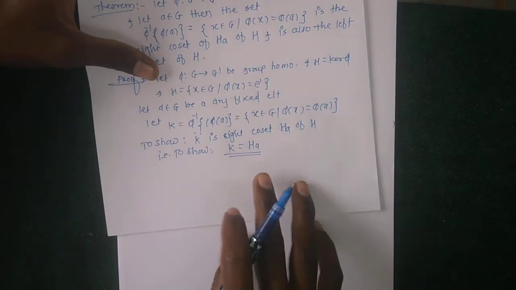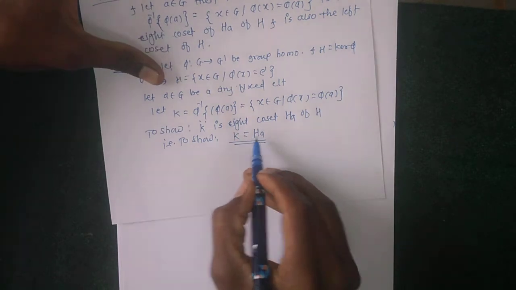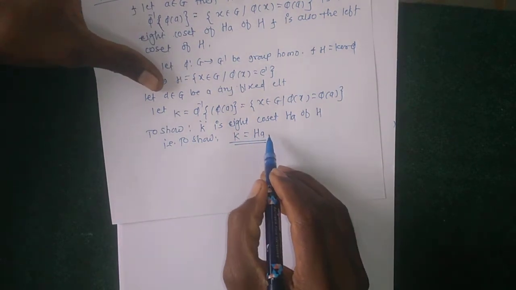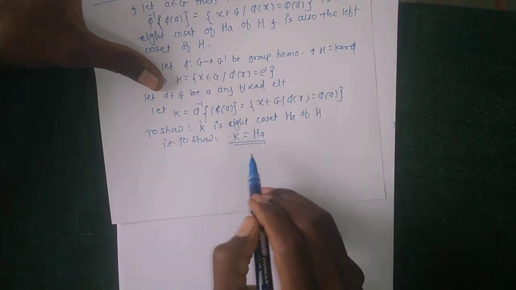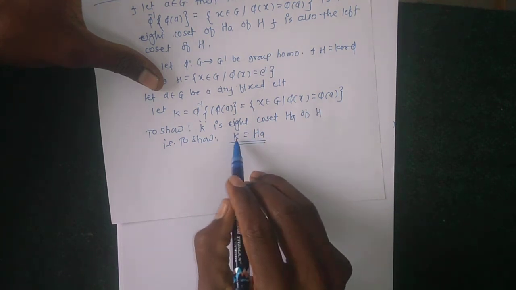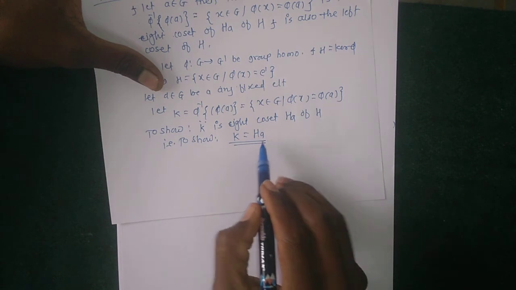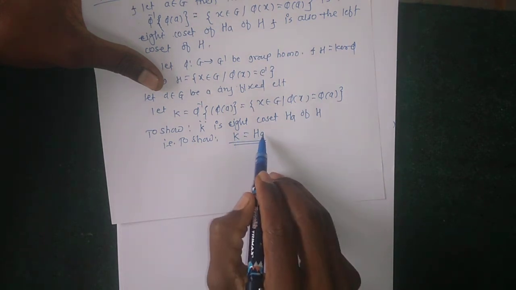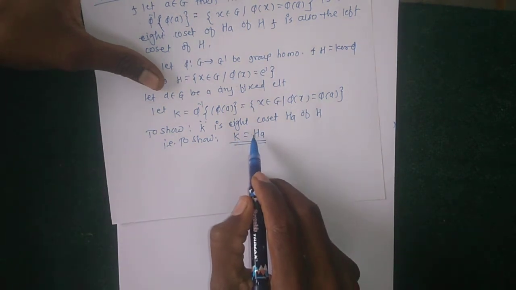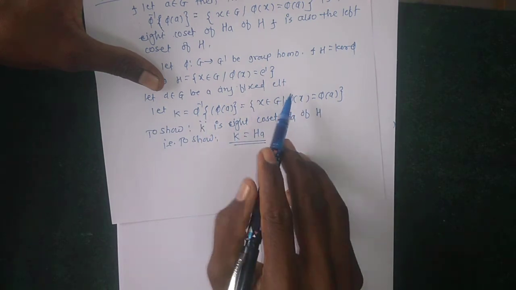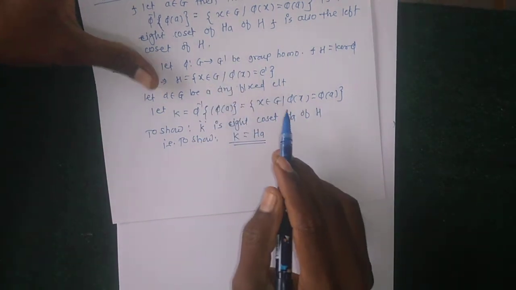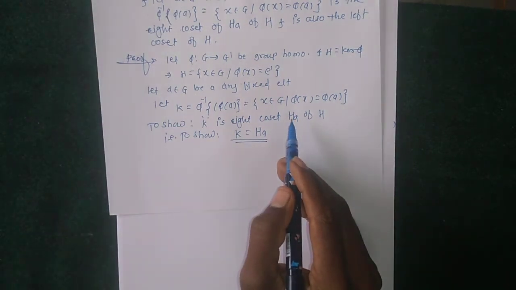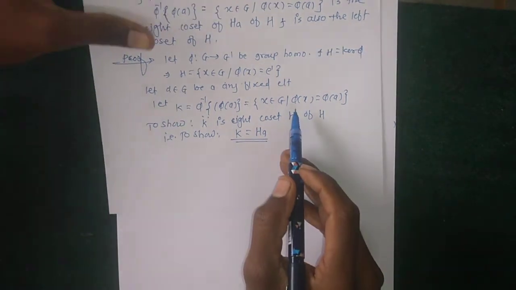Okay, for this we have to show K equals HA, which implies that K is a subset of HA and HA is a subset of K. HA is a right coset, and K and HA are equal if and only if K is a subset of HA and HA is a subset of K. Here we have to show this set is the right coset HA, which means showing the right coset HA is equal to this set K.